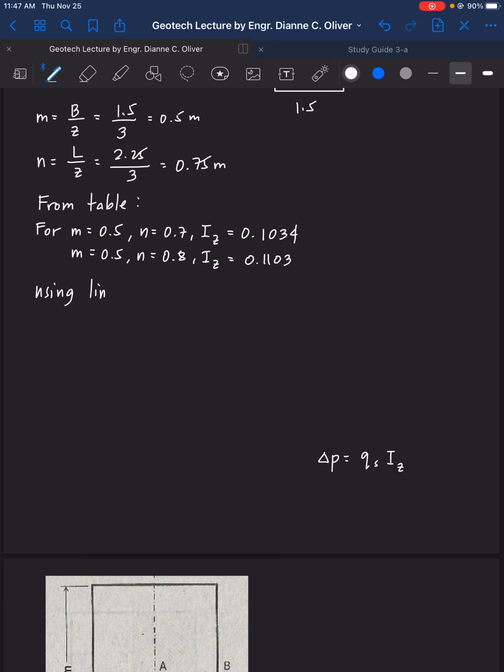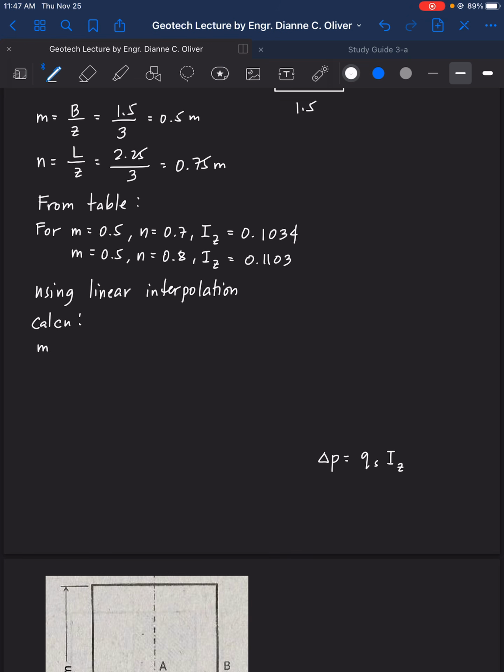Using linear interpolation, we can obtain 0.75. In your calculator, for faster. What we did before is we used the logarithmic scale. This time, let's use the linear scale.